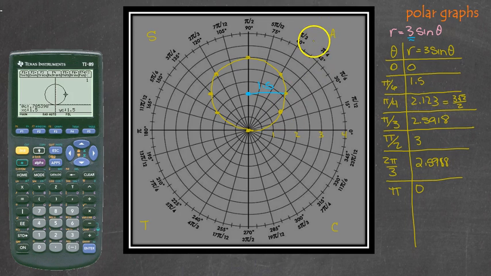I only have positive radius values in the first and second quadrants. In the third and fourth quadrants, I get negative radius values. But what is a negative radius in polar coordinates? It's just the opposite. I'd get a negative value over here, but a negative tells me just to take it right back there.